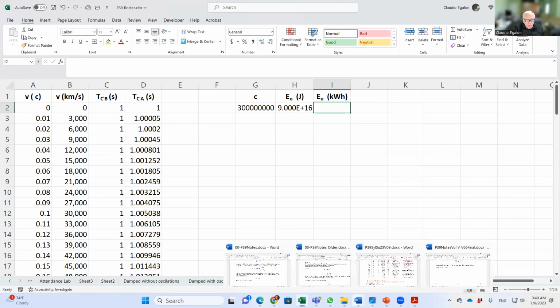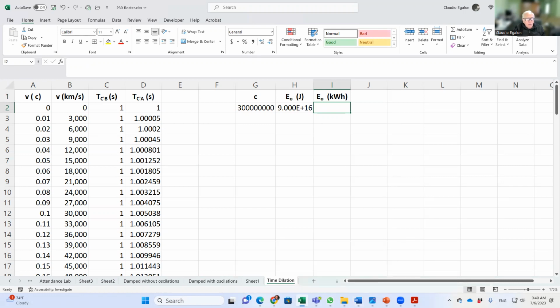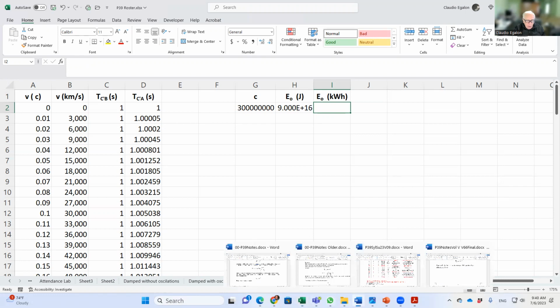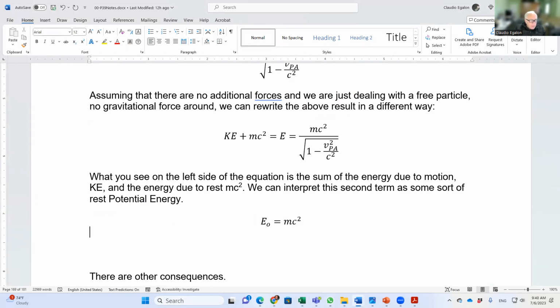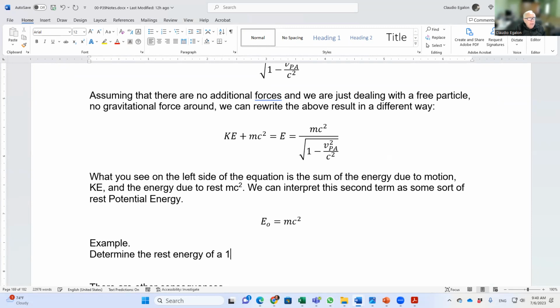I'm going to prepare the equations. We have to transform joules into kilowatt hour and see how it translates. Let's put that example. Determine the rest energy of a 1 kilogram mass in units of kilowatt hour.